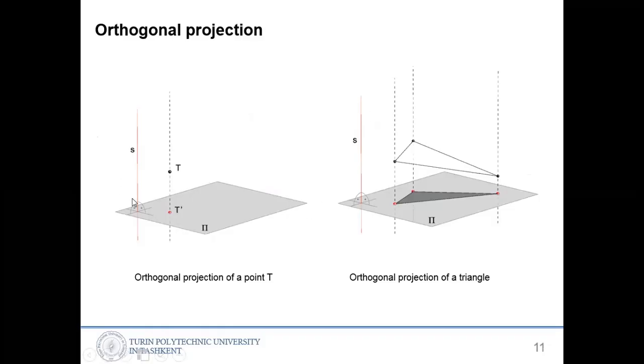So that is a perpendicular projection, or orthogonal projection. The point T in the space and T dash on P, or a triangle shape is given like this, but we are looking perpendicularly to the plane P, and we project using lines parallel to each other and generate these red dots and this triangle.